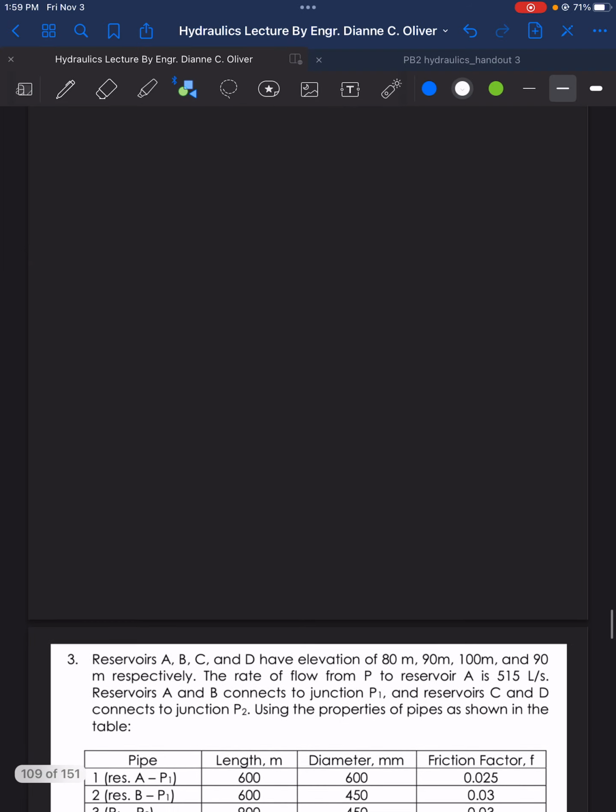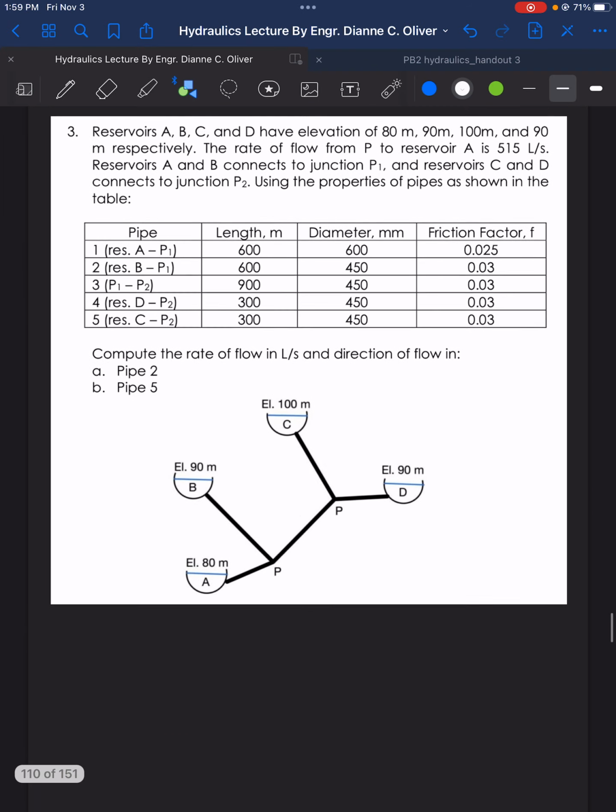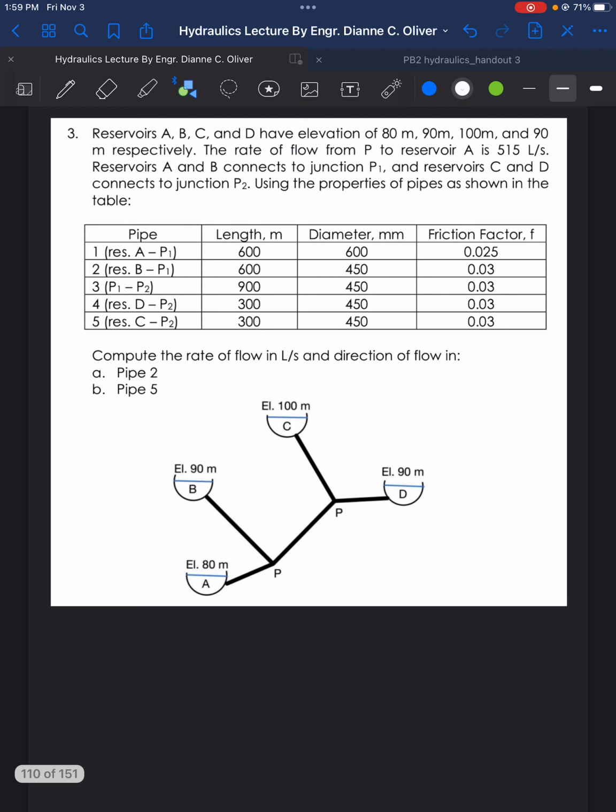So let's go to the last problem, number 3. So reservoirs A, B, C, and D have elevations of 80 meters for A, 90 meters for B, 100 meters for C, and 90 meters for D respectively.